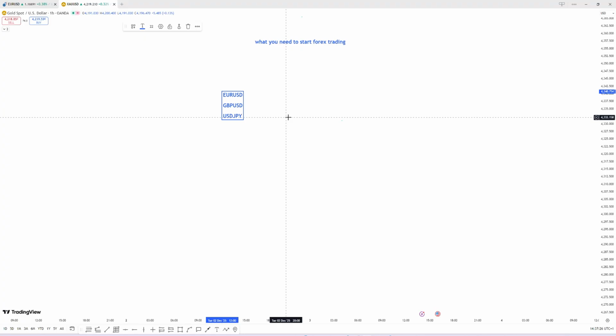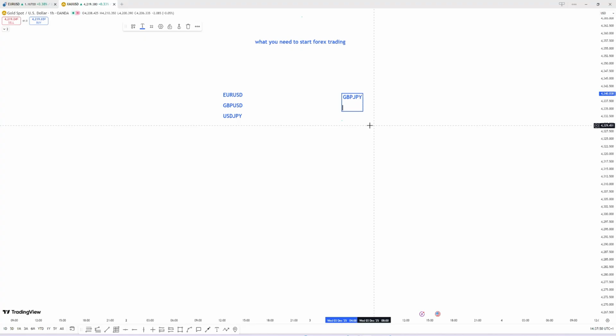And there are some currencies that you need to have at least some kind of experience to trade, and they are the minor currencies. Some of these minor currencies include the Great British Pounds and JPY, and we have Euro JPY. These are the currencies that are not paired with United States dollars.